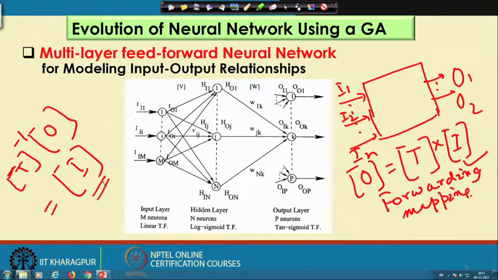As I told, our aim is to find out what should be the set of inputs so that I can achieve a desired set of outputs. If I know the inverse of the transformation matrix, I can very easily find out the set of inputs.